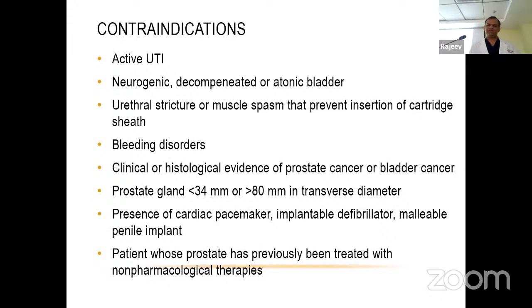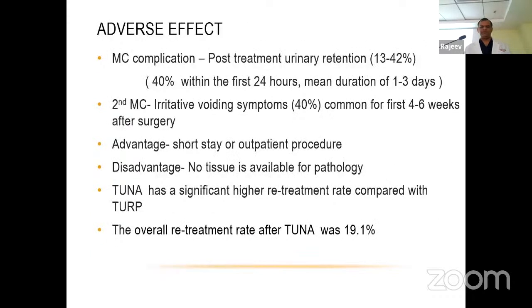Contraindications of TUNA are active UTI or neurogenic decompensated bladder, urethral stricture, bleeding disorder, too small or too short, or too large a prostate transverse diameter, and the presence of implants whose action can be hampered by radio frequency, like cardiac pacemakers and penile implants.